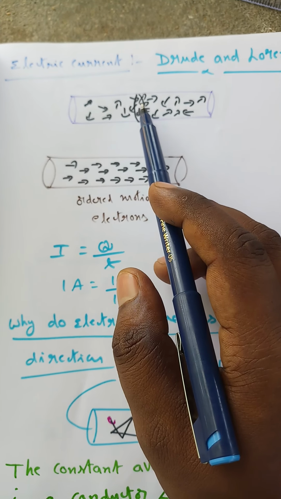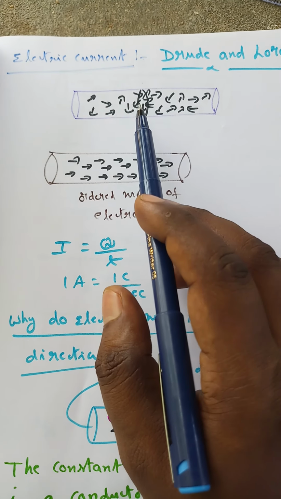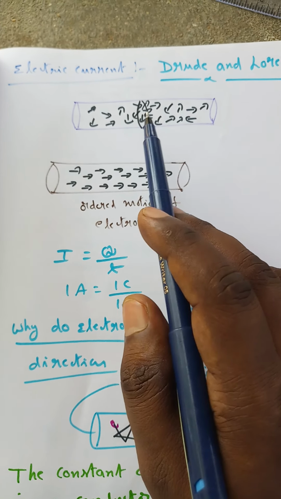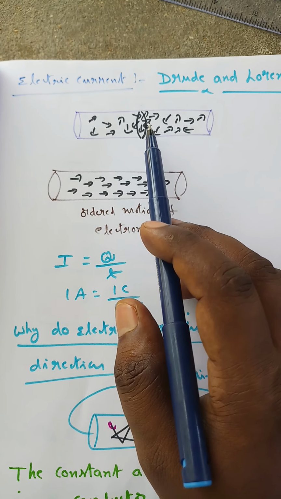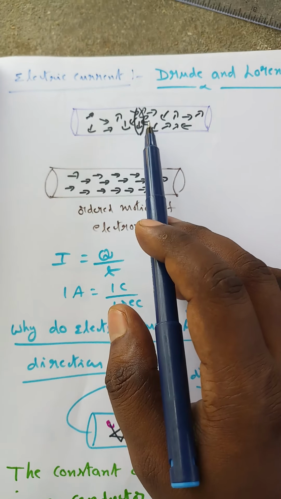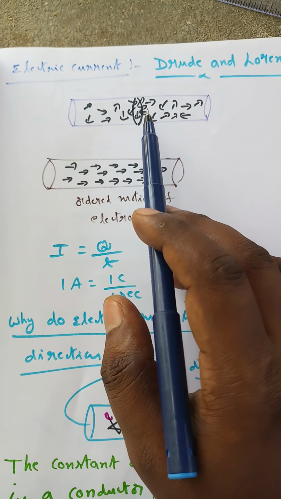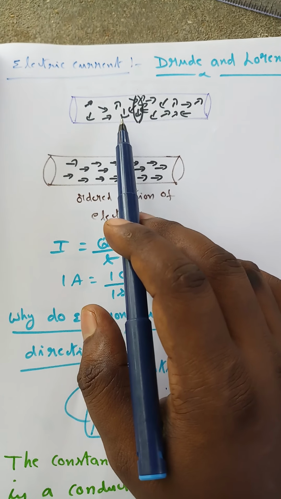Some electrons are moving from left to right and some from right to left. The current due to the motion of electrons from left to right is cancelled by the current due to the motion of electrons from right to left.